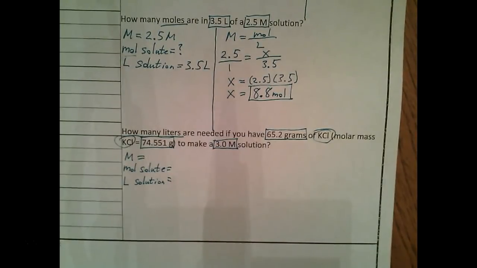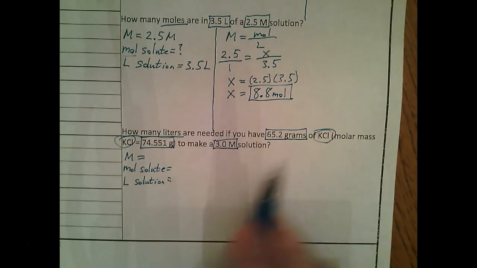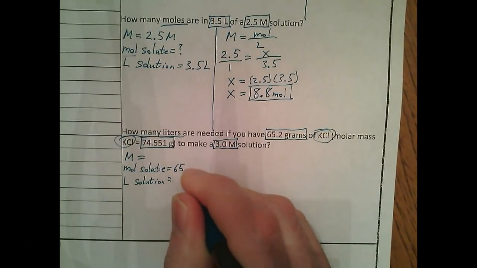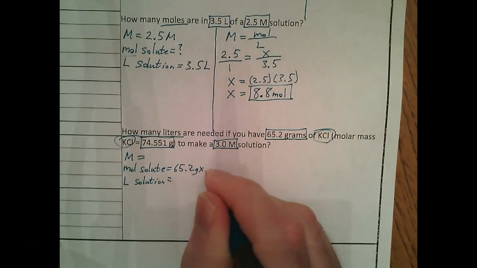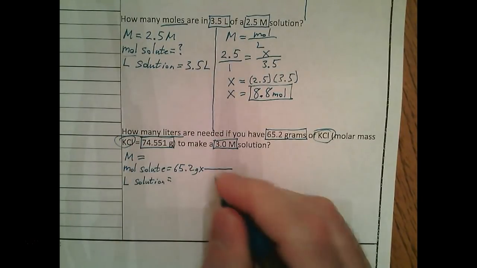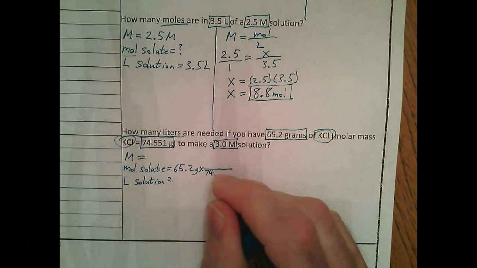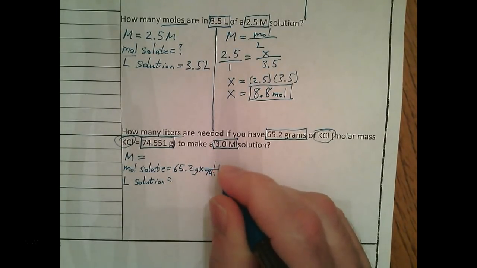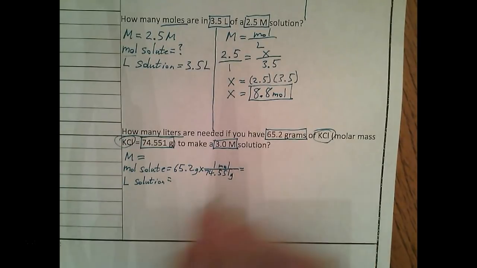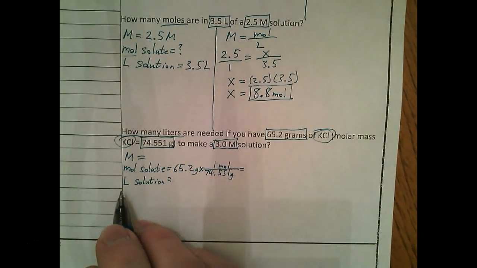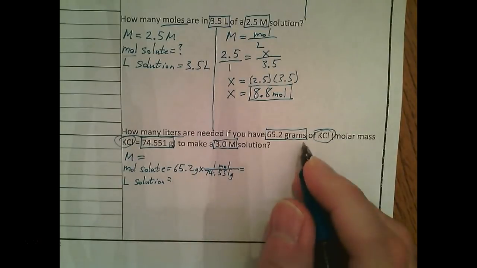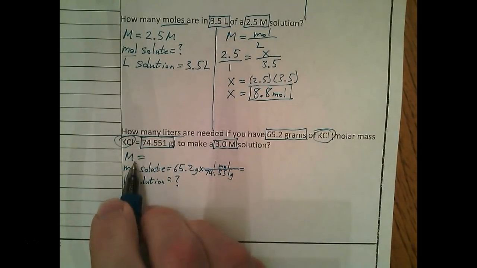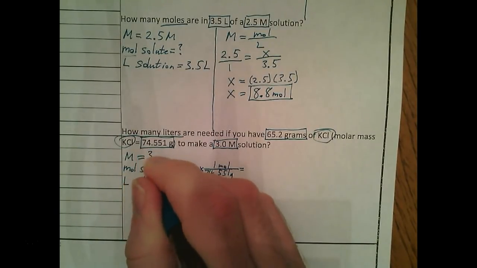Okay. In this case, I have grams of solute, so I need to go from grams to moles. 65.2 grams. Got grams here, so I'm going to put that on the bottom. 74.551 grams in 1 mole. And liters of solution. That's what I'm looking for. I'm looking for how many liters. And then up here, I have 3.0 molar.